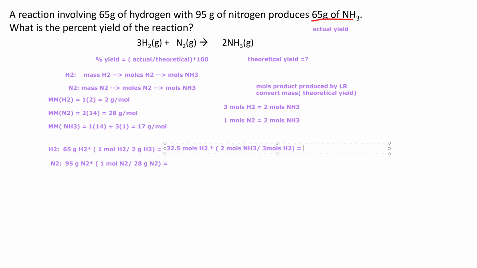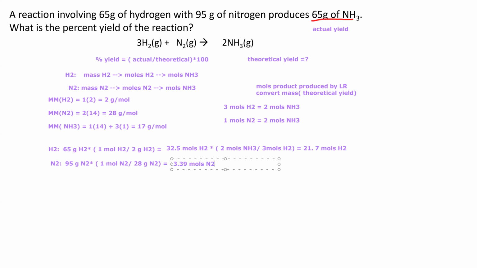And we get 21.7 moles of NH3. Now we're going to do the exact same thing for nitrogen. So we get 3.39 moles of N2.